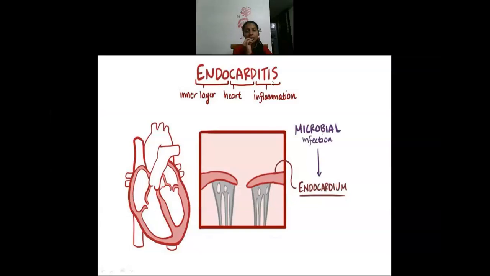We already know what is itis. Itis refers to the inflammation, card refers to the heart, while endo refers to the inner layer of the heart. So remember, endocarditis means it is an inflammation as well as infection of the inner layer of the heart. So that is the definition of endocarditis.